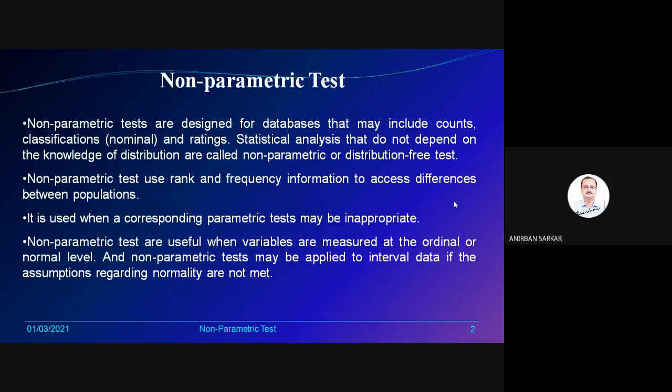In research we always try to do something meaningful, and though we know that parametric tests are more powerful than non-parametric tests, when your assumptions are violated there is no choice but to apply non-parametric tests. Again I repeat, non-parametric tests are useful on variables which are ordinal or nominal in nature.